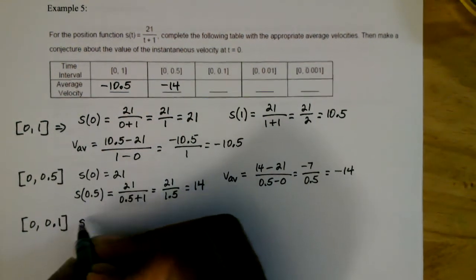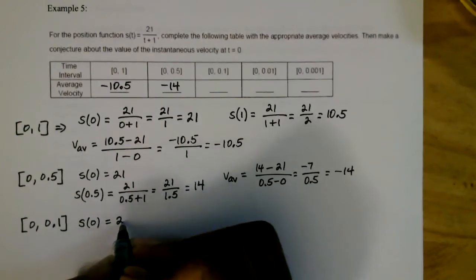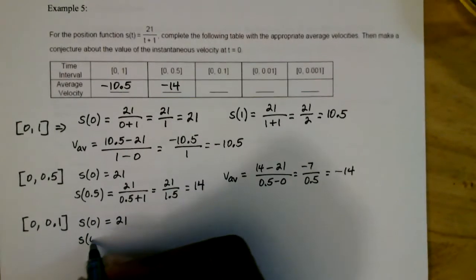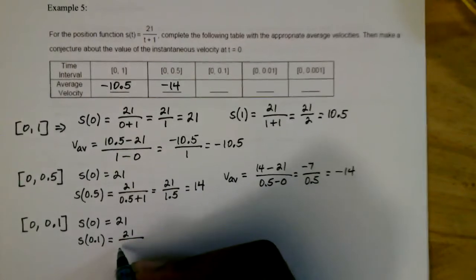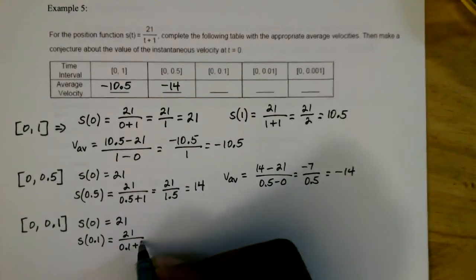All right. Again, S of 0 is 21. But for S of 0.1, this will be 21 divided by t, which is 0.1, plus 1.